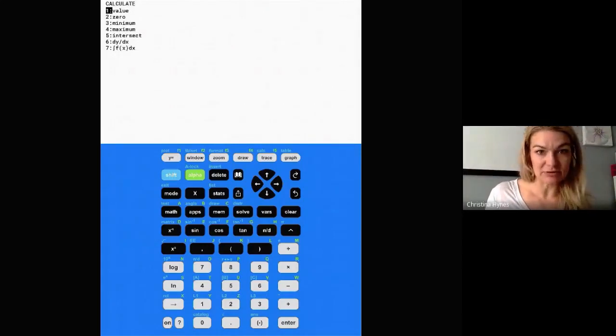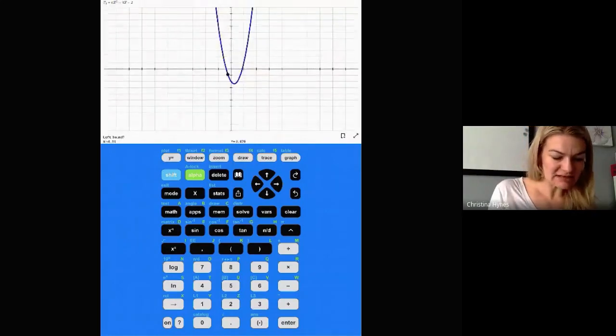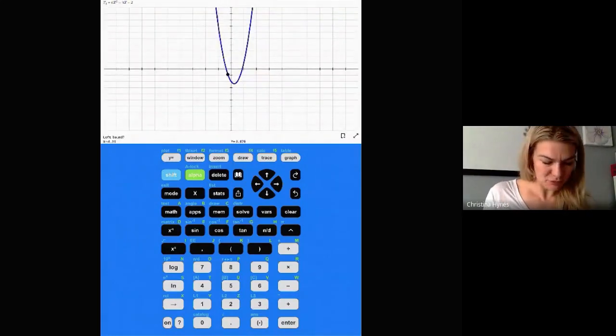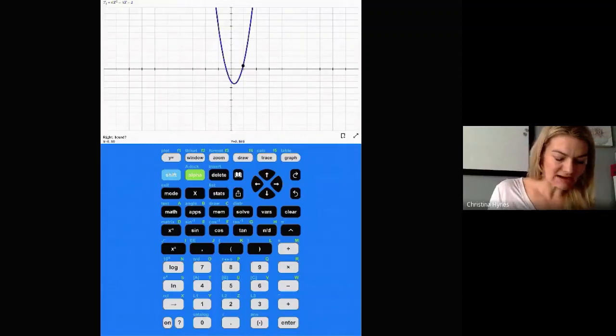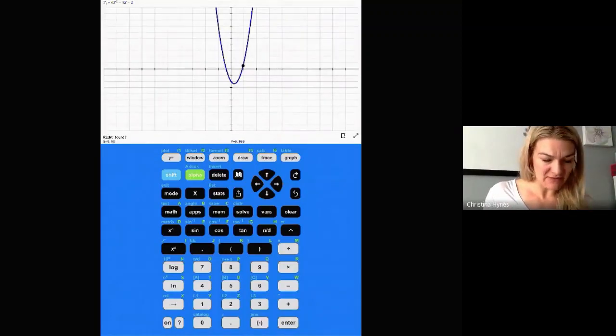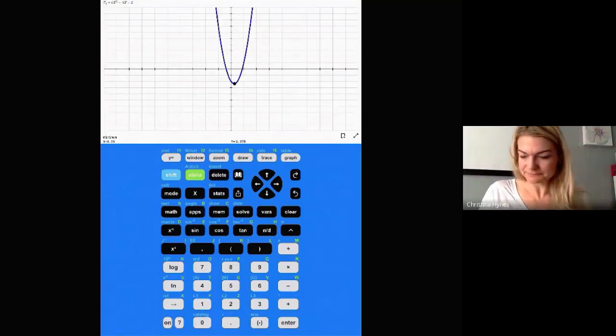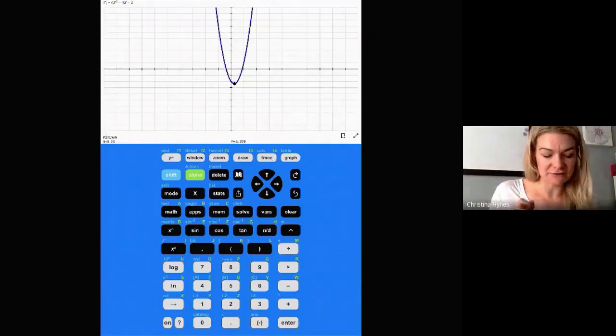So I'm pressing number 3. Then I'm going to the left side of that minimum, pressing enter. The right side of that minimum value, pressing enter and enter again. And then you should get that the lowest value is 0.25 comma negative 2.375. So that is the coordinates of your vertex.